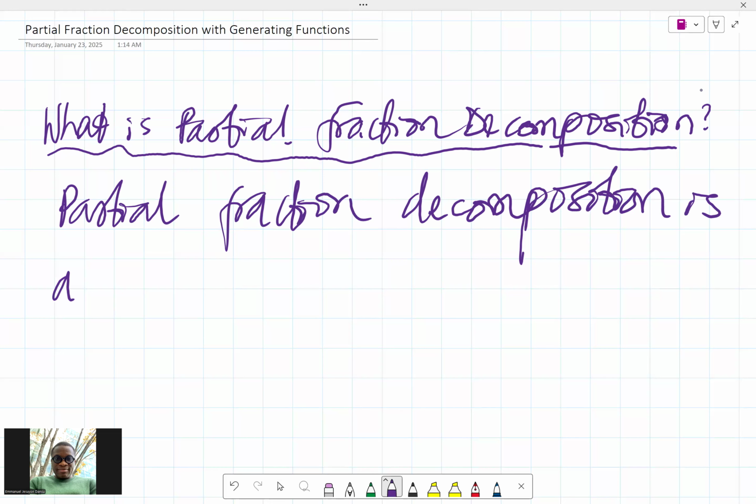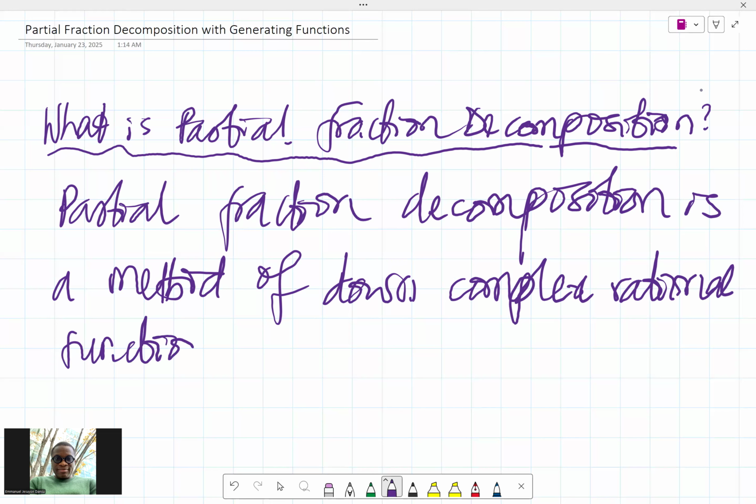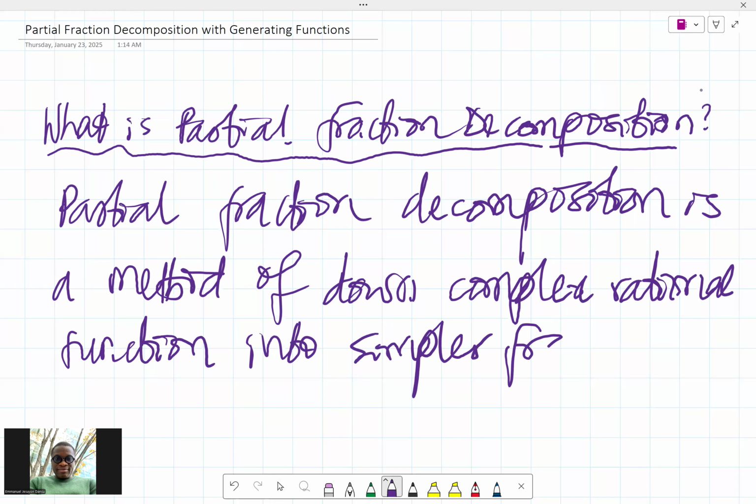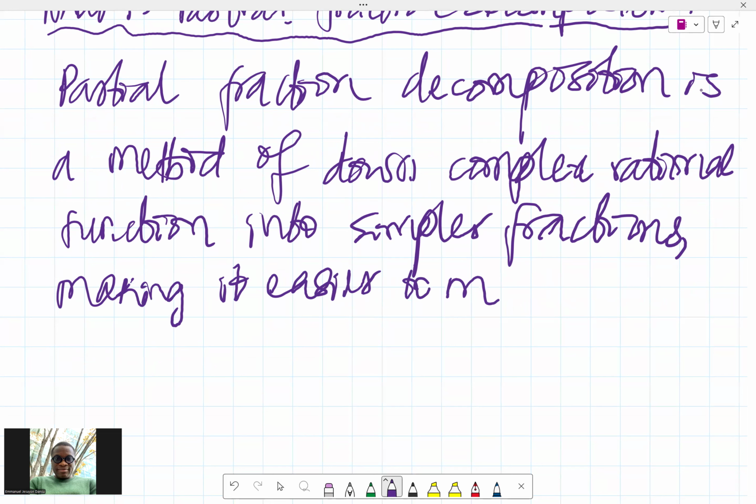is a method of breaking down complex rational functions into simpler fractions, making it easier to manipulate or expand.